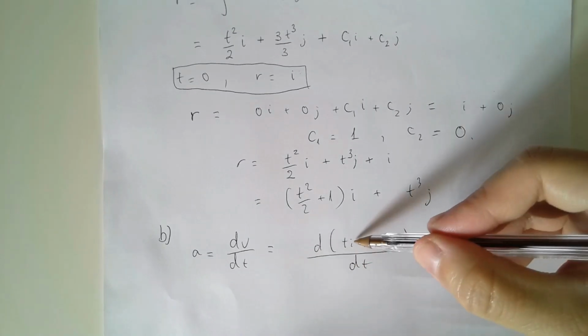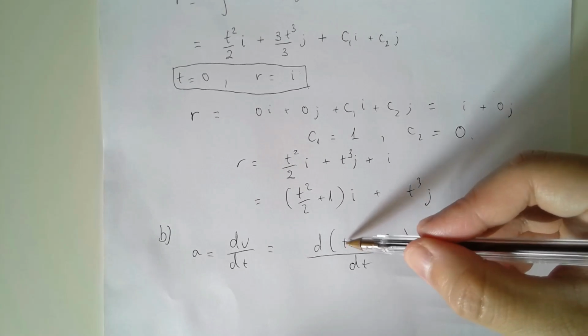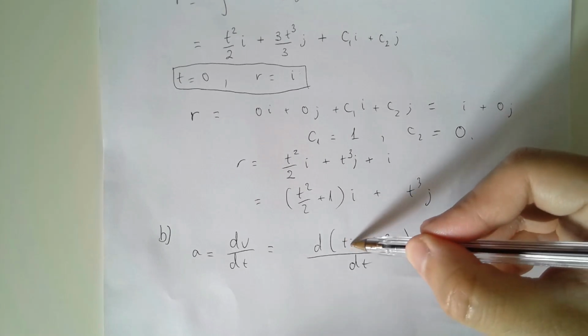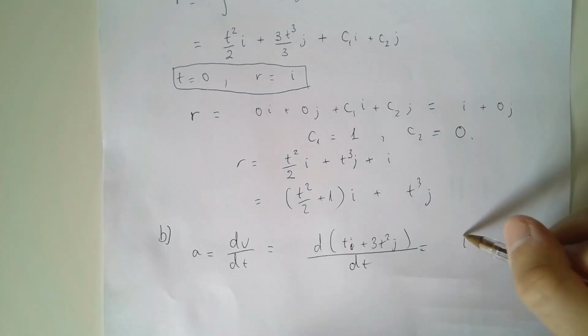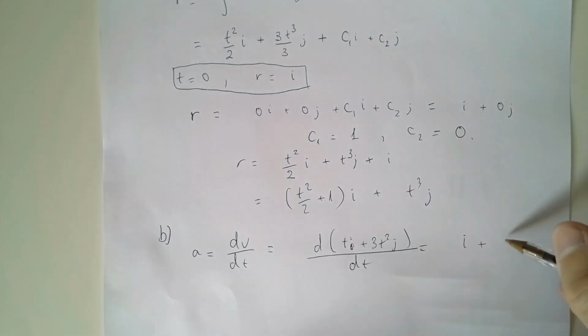Now the first i here, you differentiate with respect to t, so it equals 1, which is i.